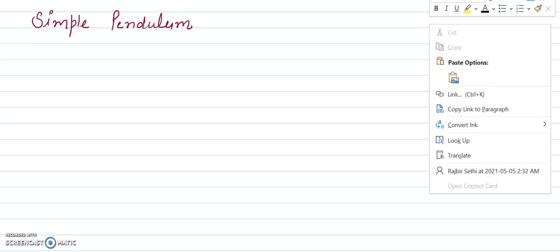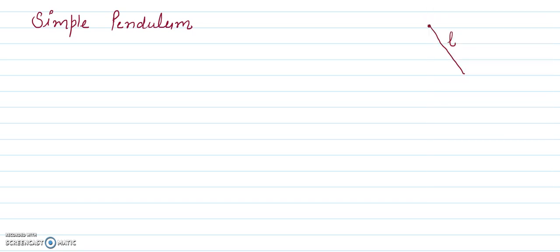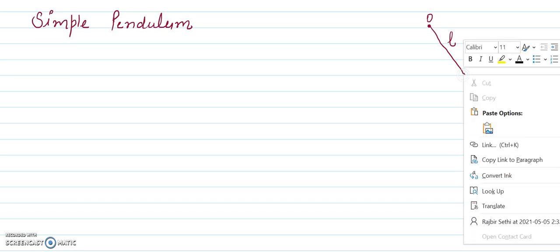One end of this string or rod is attached to a fixed point O, and to the other end a heavy particle of mass m is attached. So let us oscillate this particle which is attached to the other end of the string.